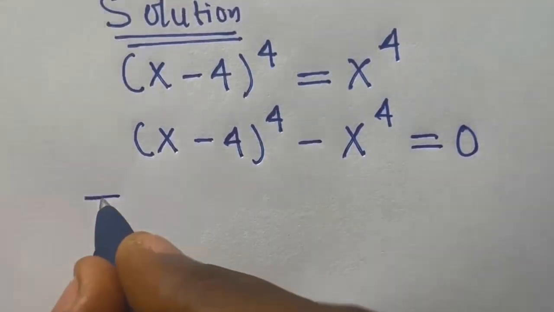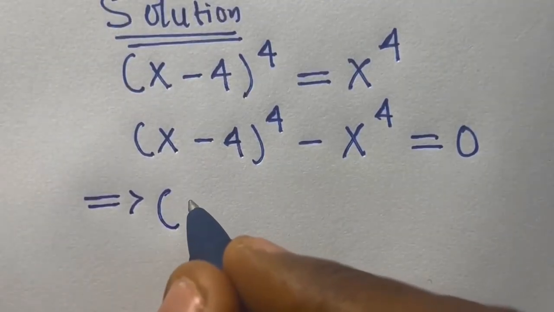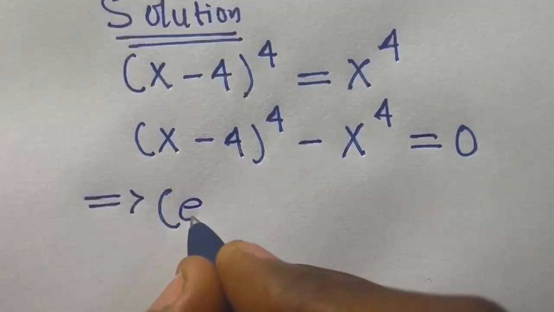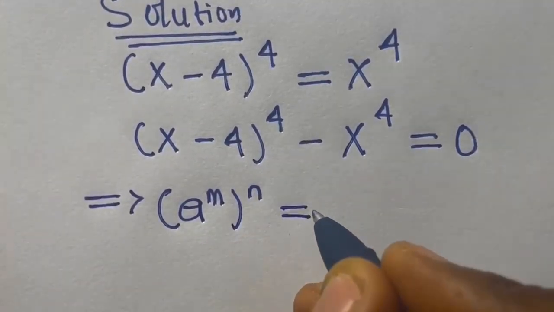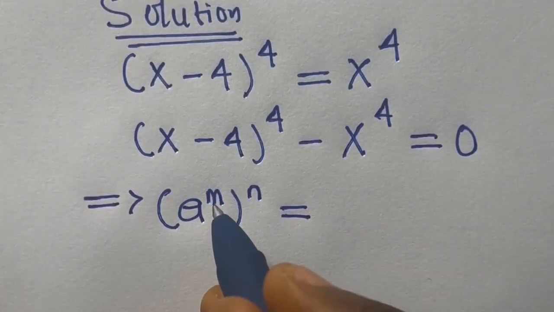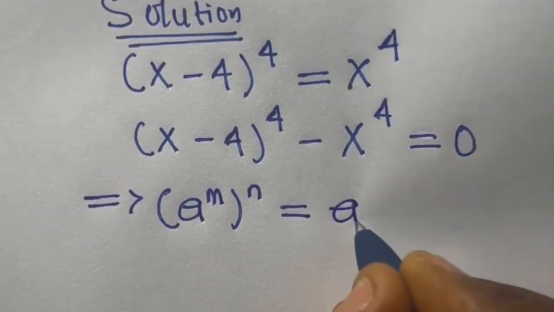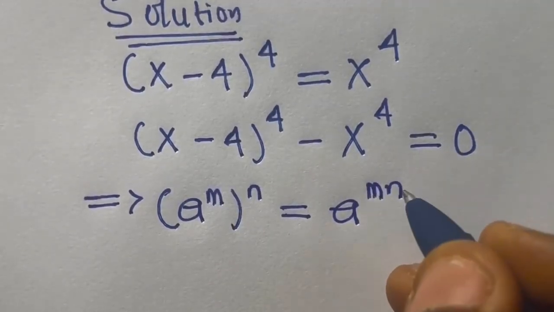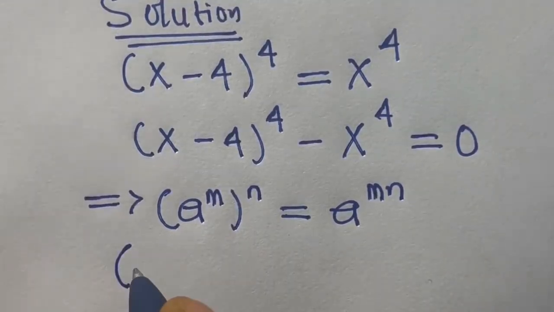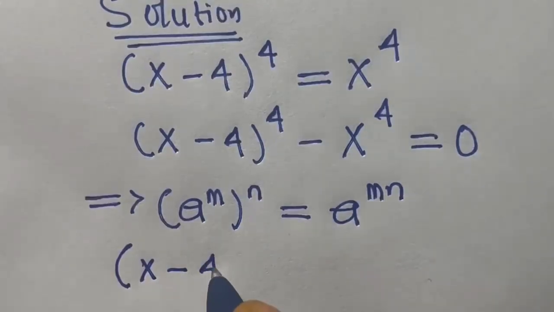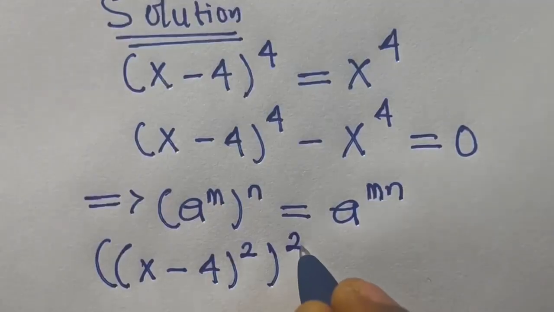Let's recall, from the product power law of indices, if you have a raised to power m, raised to power n, one number raised to a certain power is again raised to another power, the powers are multiplied. So we have a raised to power mn. That means we can express this as (x minus 4) squared, all raised to power 2.